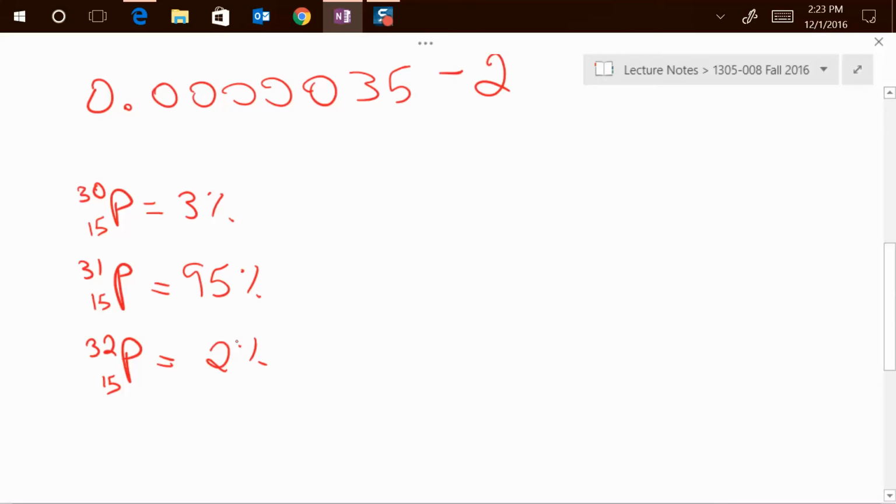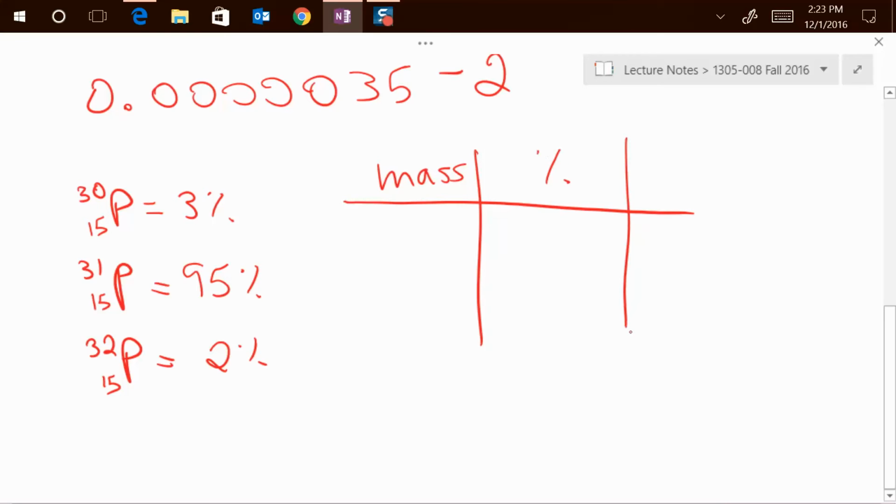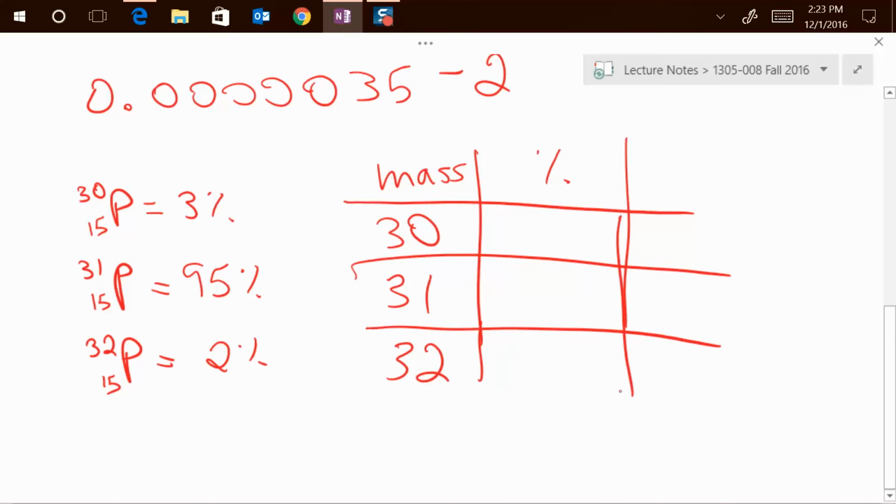So how am I going to calculate the average atomic mass here? I'm going to make a chart. Mass, percent. The masses of the three different isotopes are 30, 31, and 32. Their percent abundances are 3, 95, and 2.